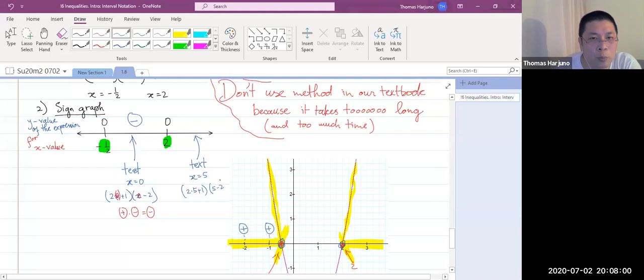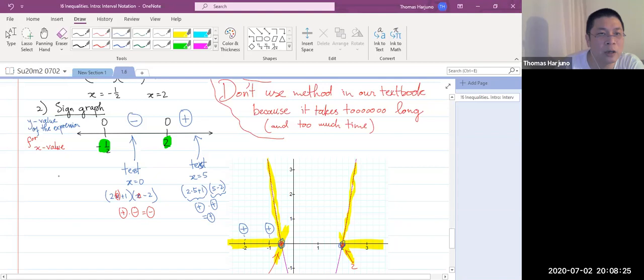You don't need to compute the value precisely, you just need positive or negative. Here that will be positive 11, I just need the positive. Here that's positive 3, I just need positive. Positive times positive is positive. So it should be test, not text.